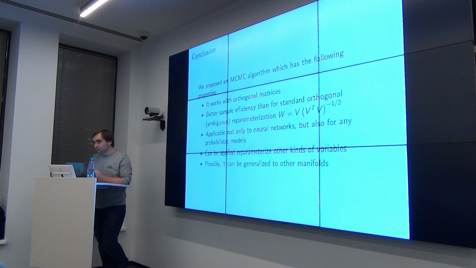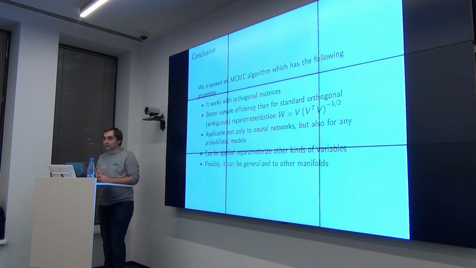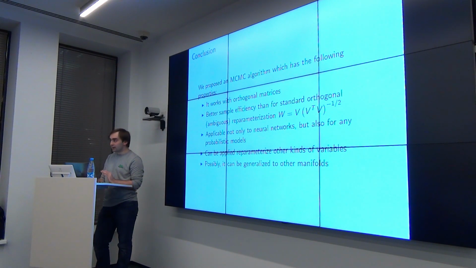During your computations, due to numerical errors, it is possible that your weight matrix will stop being orthogonal at some point. Do you use some kind of numerical corrections? Yes, you're right. Due to numerical problems, this matrix can be non-orthogonal.